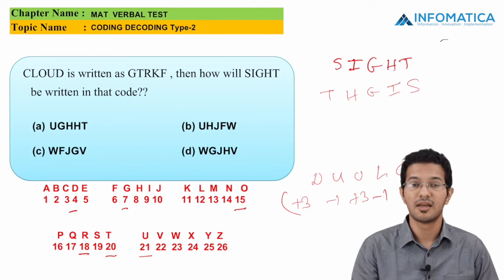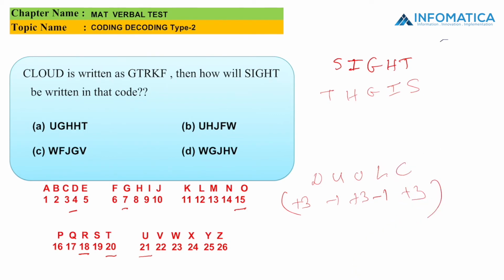Now from T, I go 3 steps ahead since it's given to me as +3. So from T, I go 3 steps ahead, which is nothing but 23, and 23 is nothing but W. From H, I go 1 step behind.